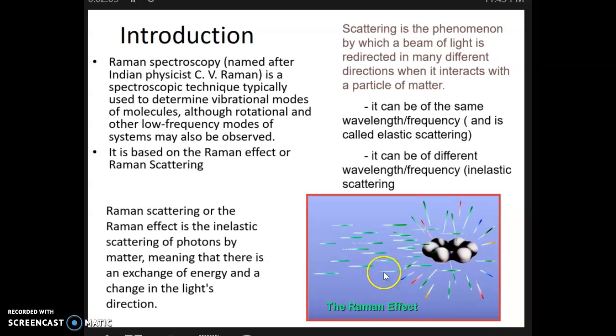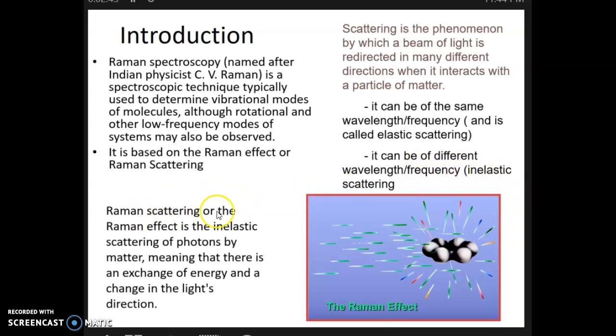Some are scattered with the same color, so the same frequency as the incoming light, and some are scattered at different colors. When the scattered light is at the same frequency, we say it's elastic scattering. This hardly gives any information about the molecule. However, the scattered light, like the red, blue, and yellow, can be at different wavelengths or frequencies compared to the incoming light, and then you call that inelastic scattering.